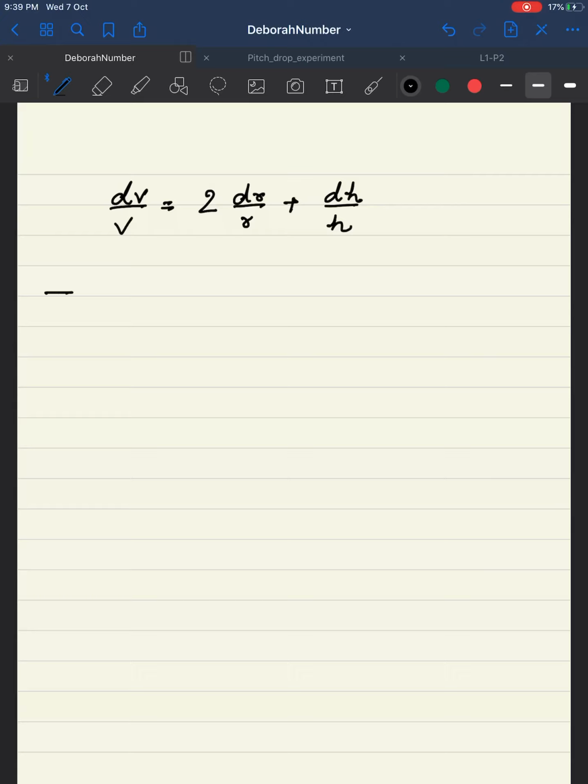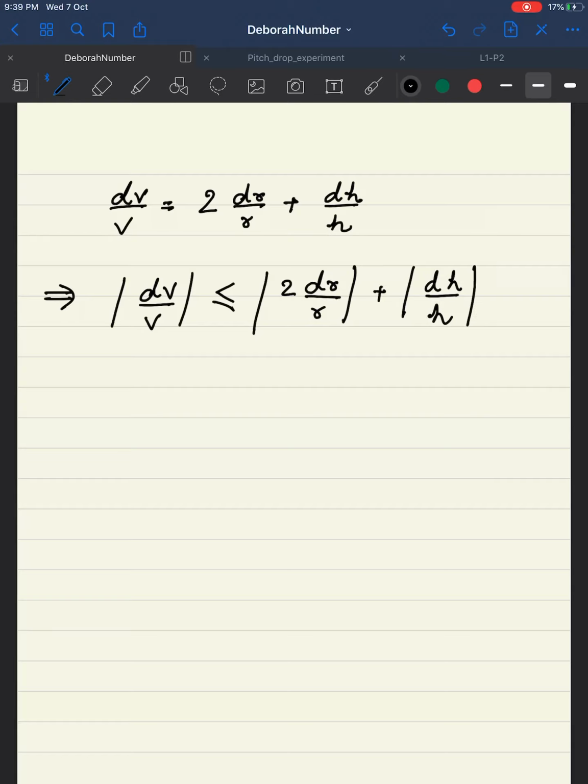From here I can write that the absolute value of dV by V will be less than or equal to 2 times dr by r plus dh by h, which for my case is 2 into 2 into 10 to the minus 2 plus 5 into 10 to the minus 2, which is 9 into 10 to the minus 2.